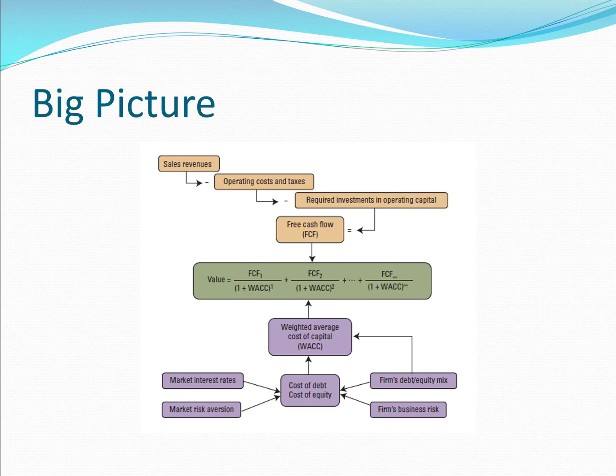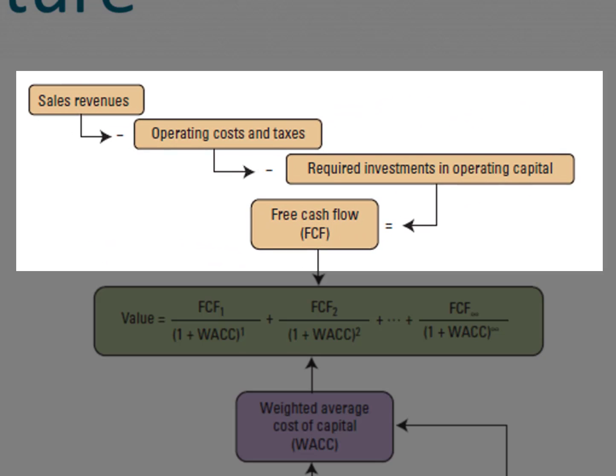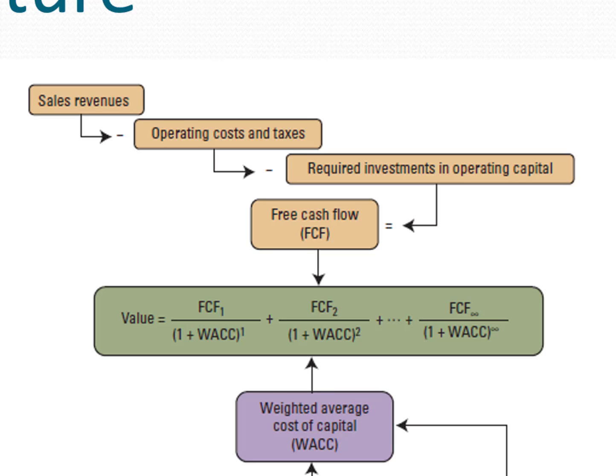Lastly, I want to take a look at this big picture here. The top area in this tan colored shading is dealing with the firm's operations and generating those free cash flows that we talked about earlier. So you've got our sales revenue, we're backing out operating costs and taxes, and any required investments in operating capital, so those are going to be the capital expenses that a firm makes. The leftovers are the free cash flow of the firm.